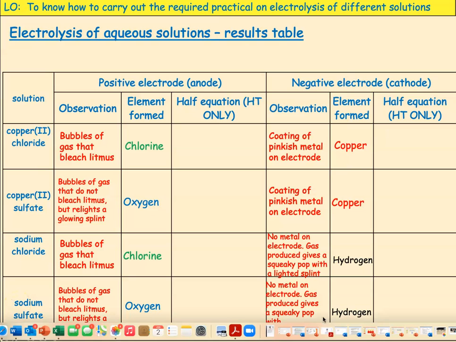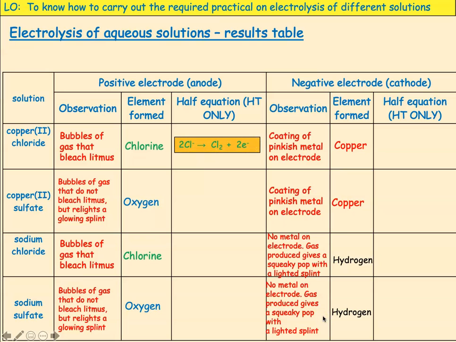Okay, welcome back. I know that these are difficult. People usually struggle with them, but the negative electrode ones should be quite straightforward. Copper chloride, we're making chlorine: 2Cl- gives us Cl2 plus 2 electrons.